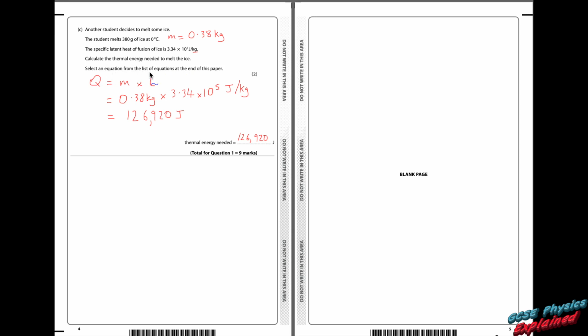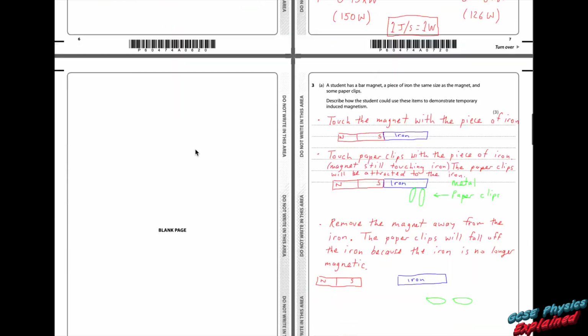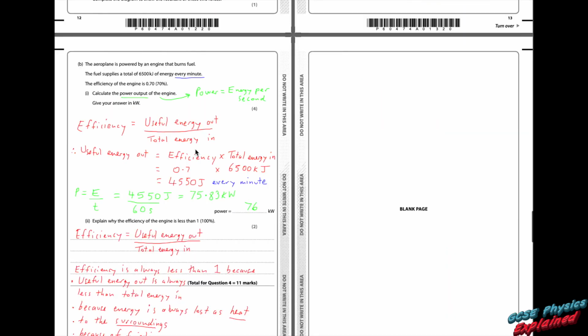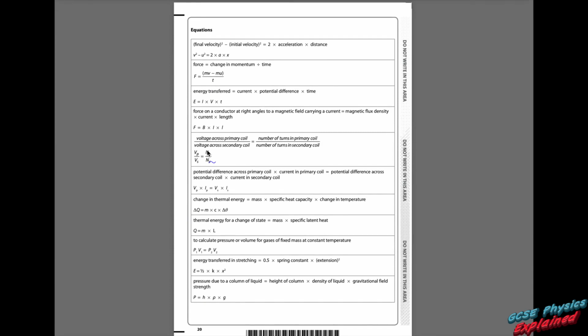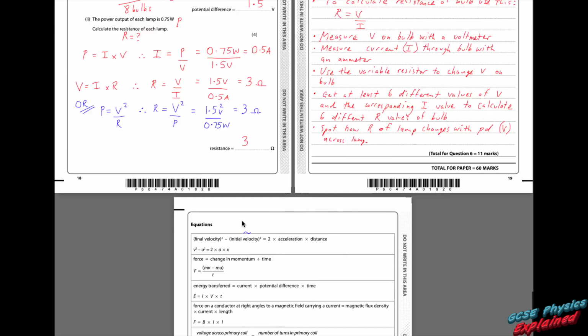Select an equation from the list of equations at the end of this paper. So if you go to the end of the paper, we can see that this is the equation we want. Thermal energy for a change of state is the mass times the specific latent heat. So Q equals mL.